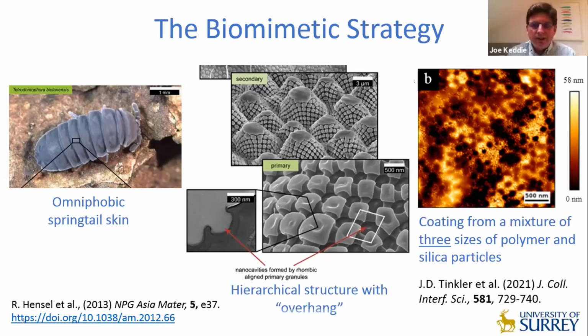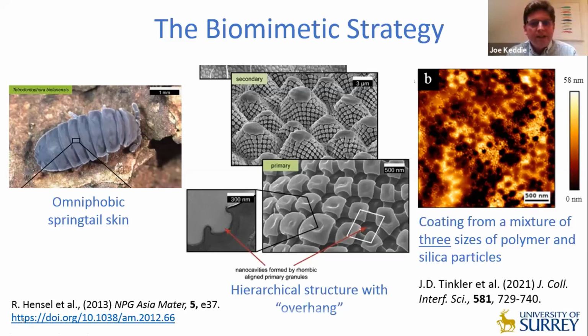And you can see we have smaller particles creating a short length scale structure and then larger particles. And without the overhang, they didn't have the same omniphobic character, but they also saw some very interesting mechanical properties with the polymer reinforcing the silica structures.